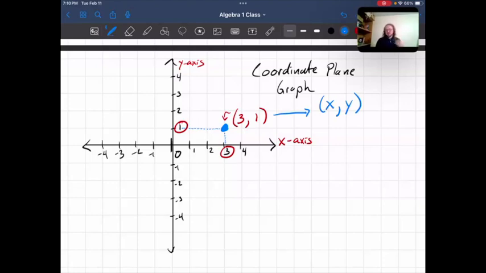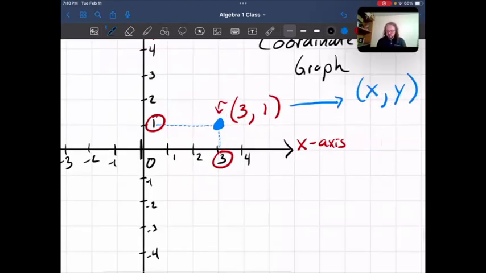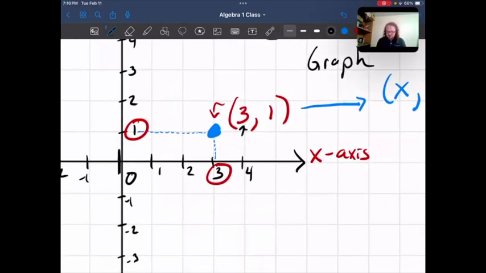So what this number means is it's right 3, up 1. Because if I start over here at 0, 0, because there's right 0, up 0. That's our center.